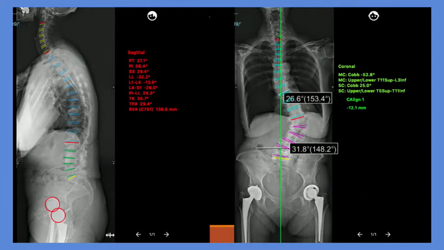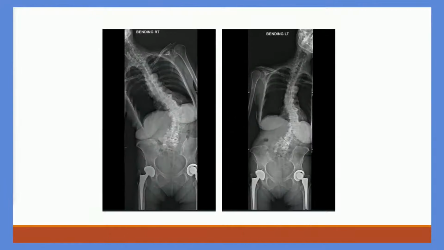And one deformity in the anterior-posterior plane will typically result in another deformity in the sagittal plane due to this twisting-like effect that happens. This patient here had a 53 degree curvature in her thoracolumbar spine. We also here used bending films in order to determine the level of flexibility and rigidity that the curve had.